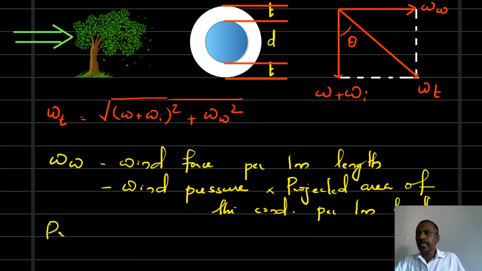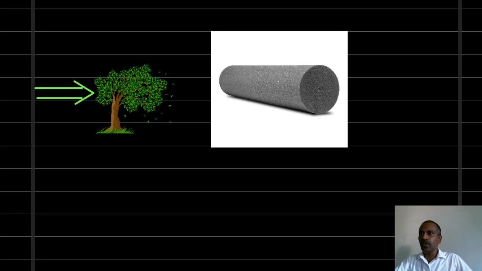The wind is blowing from the side of the conductor, so the wind sees the conductor like a rectangular piece.